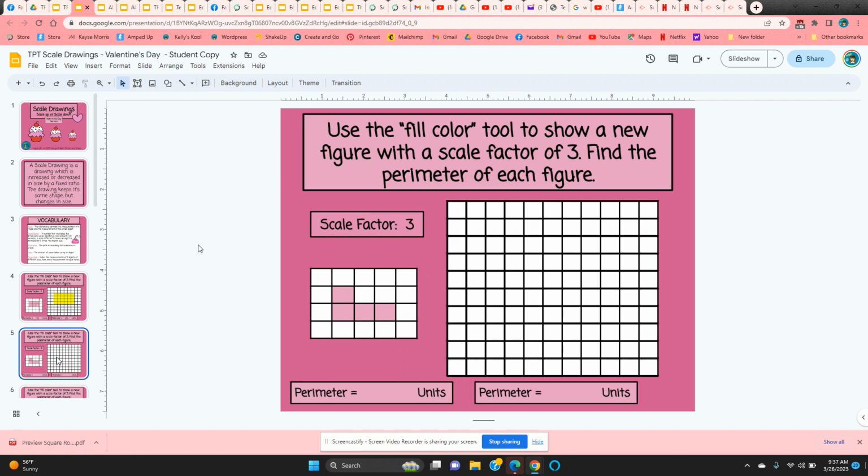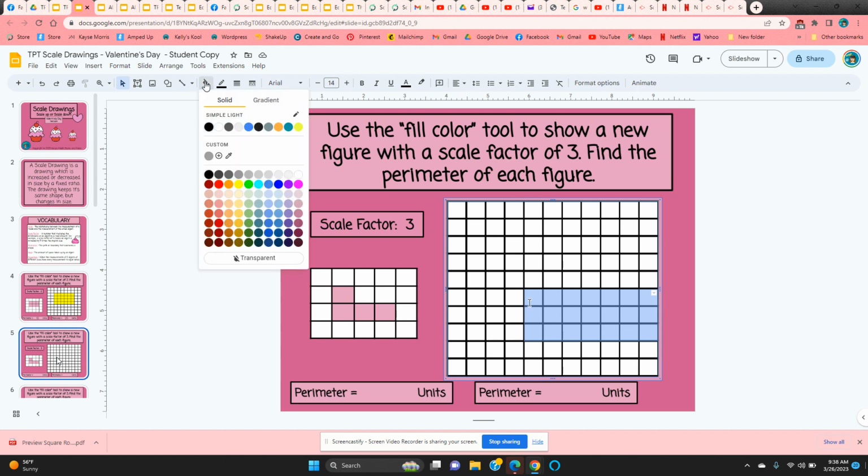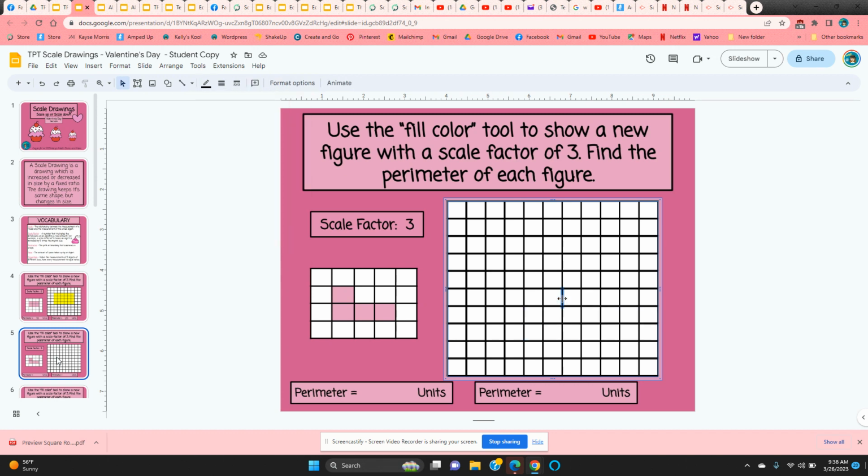Now, the next drawing is a little bit more tricky, so it gets more difficult as they go. They're going to create a new figure that's scaled up by a scale factor of 3. So that means every side in here is going to be 3 times 3. That's a little bit too much.